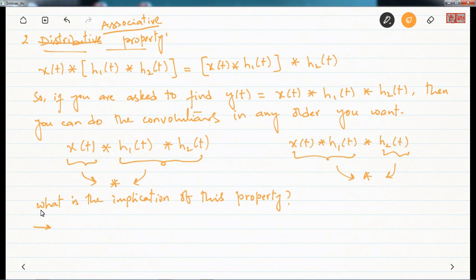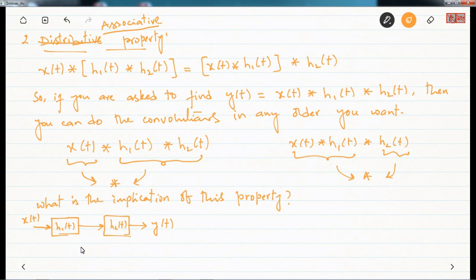Say you are giving x of t as the input to h1 of t, and its output you are giving to h2 of t, and then you are getting y of t.